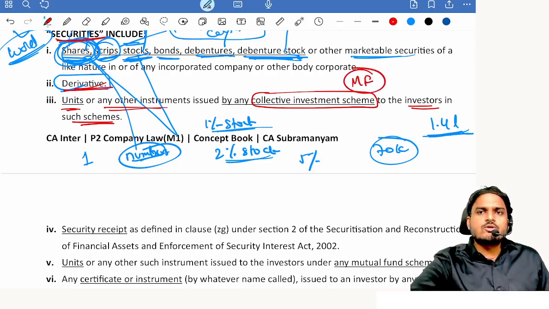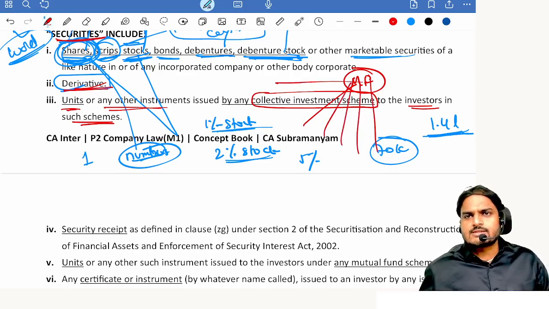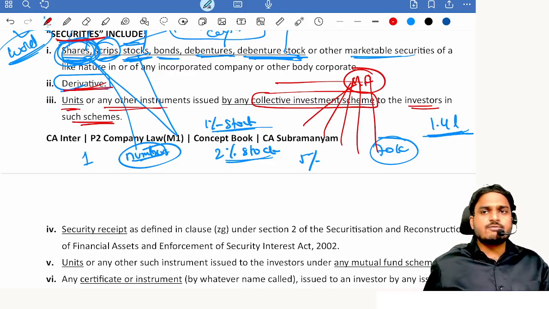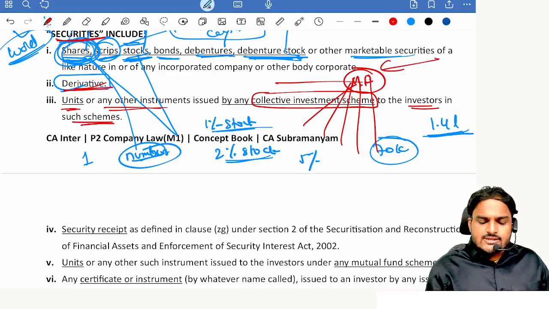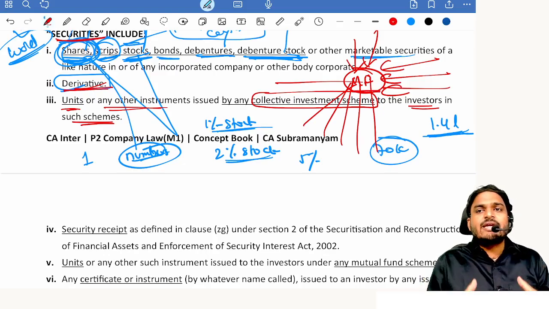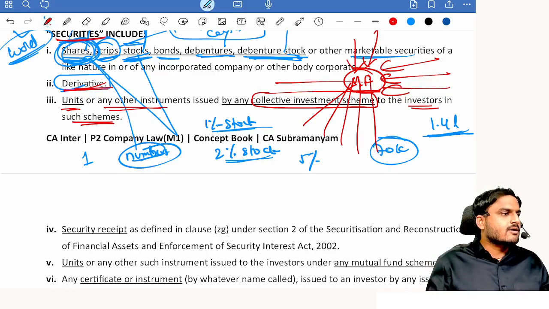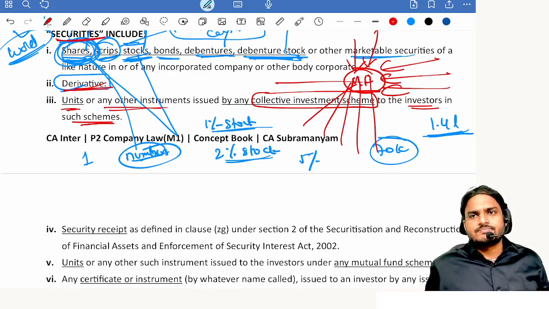In mutual funds, what happens is small investors deposit funds with mutual fund companies. Aditya Birla mutual funds is there, SBI mutual funds is there, HDFC mutual funds is there. Small investors make investments into these mutual funds. And these mutual funds, after pooling these resources, will invest in a particular sector, or in all sectors, after calculating risk.